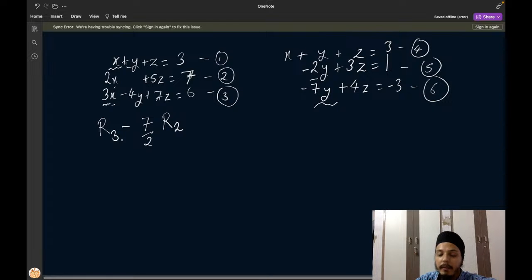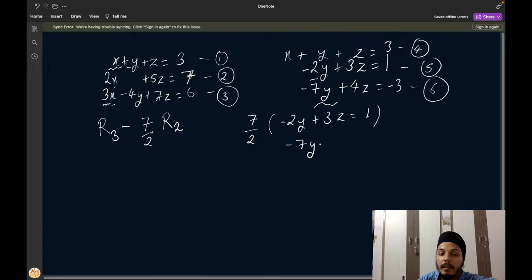This R is nothing but row. So first we will multiply our equation 5 by 7 by 2. So this will be minus 7y plus 21 by 2 z equals to 7 by 2.